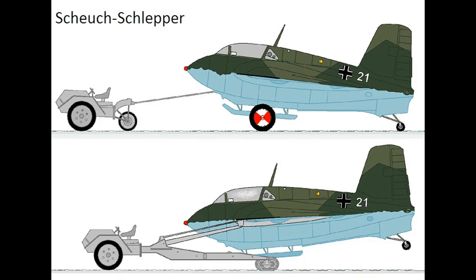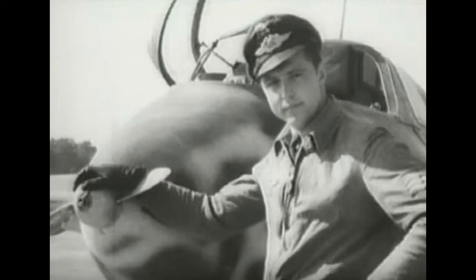Now in combat, the 163 had very limited success. This man here, Siegfried Schubert, was the first to score a kill in the 163. He shot down 3 Allied bombers, which makes him the leading 163 pilot in terms of aircraft shot down. However, on a later flight, his engine failed on takeoff, and his 163 exploded in the resulting crash, killing him instantly.